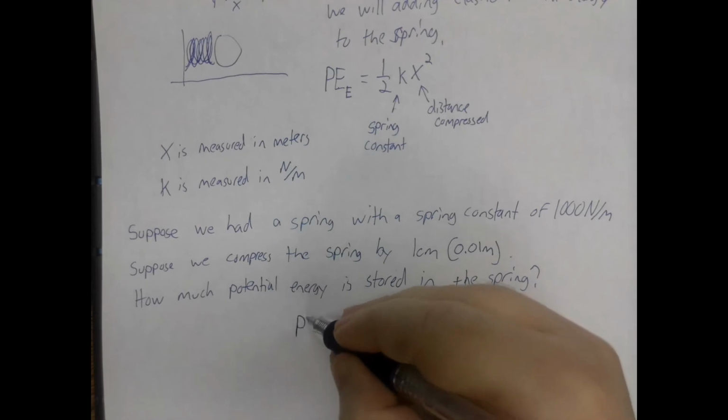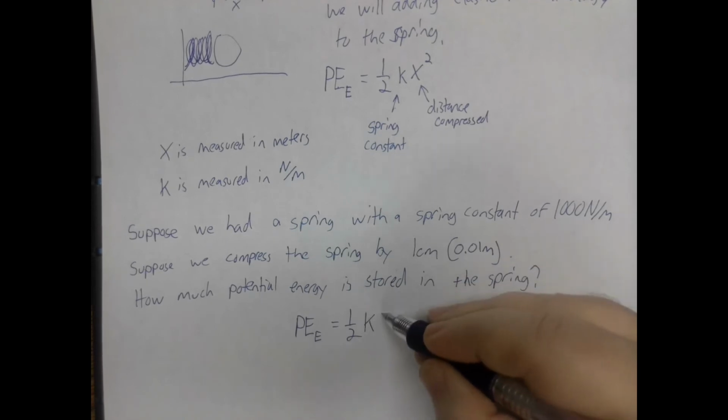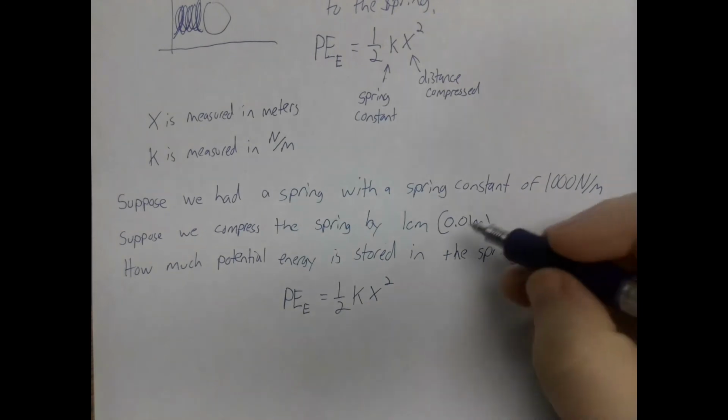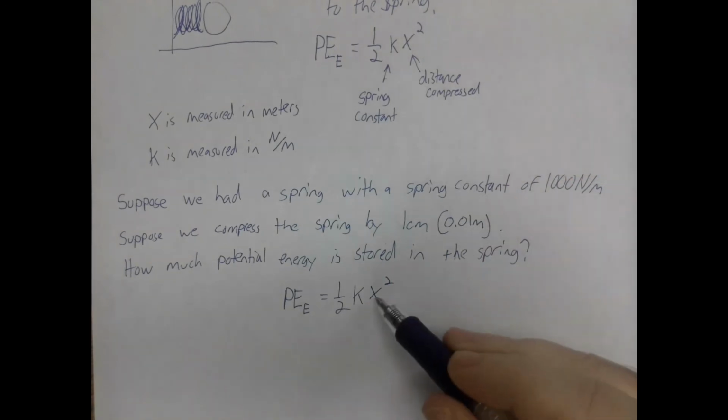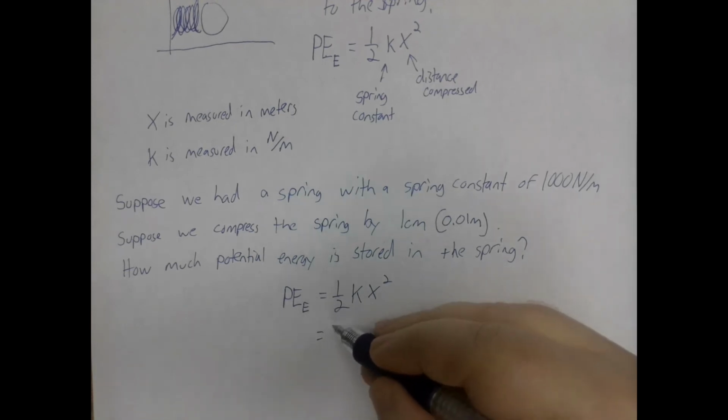So remember that potential energy is 1/2 times the spring constant times however much distance you compressed it by. We need X to be in meters and K in Newton meters to get potential energy in joules.